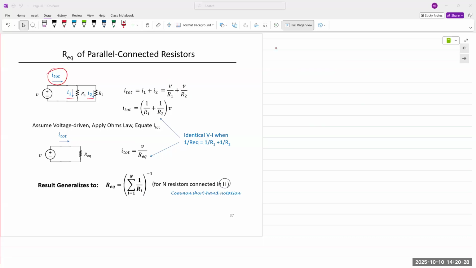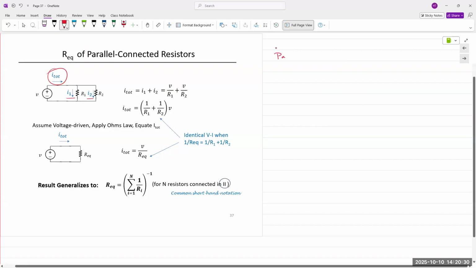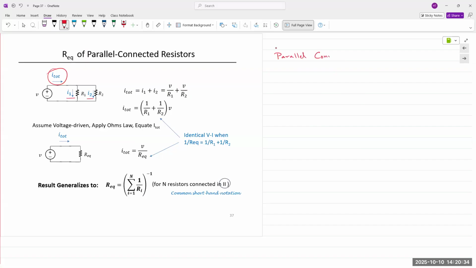So for a parallel resistive circuit, or parallel connected resistors, voltage remains the same, or voltage is the same for all components.